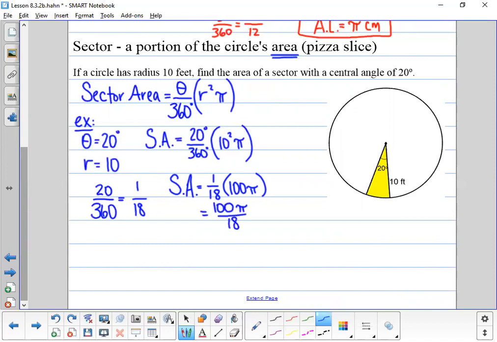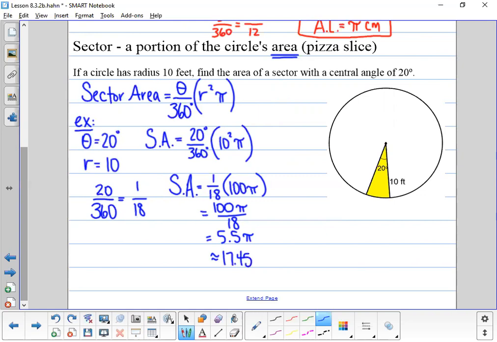I know that 18 does not go nicely into 100, so that means that I'm going to get some decimals here in my answer, but that is okay. Decimals are all right to get. So if I do 100 divided by 18 in my calculator, I get 5.5 repeating. So this is like 5.5 pi. And then if I multiply it by pi, I get my approximate answer, which is 17.45.